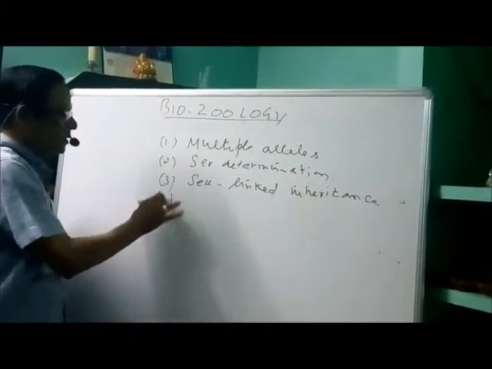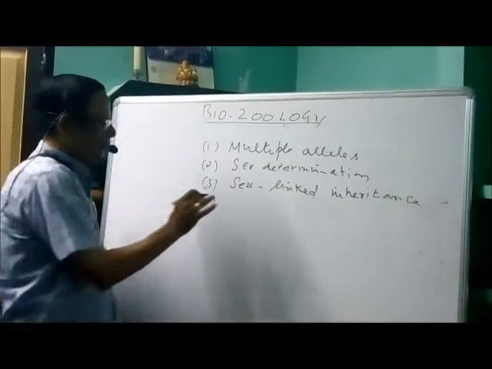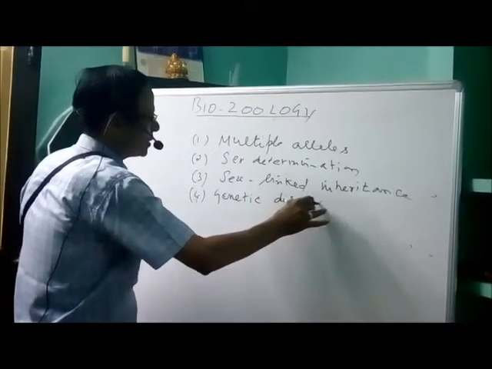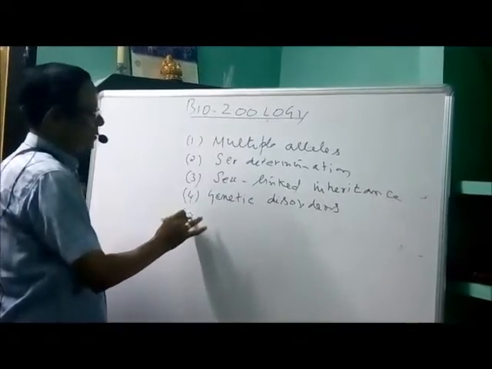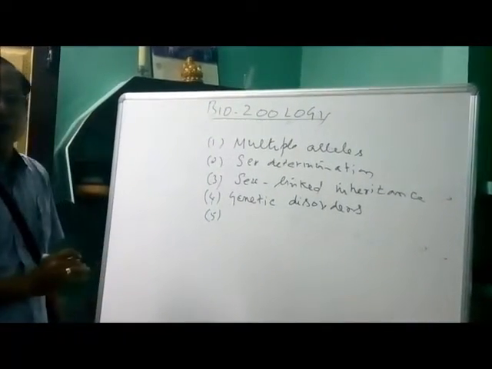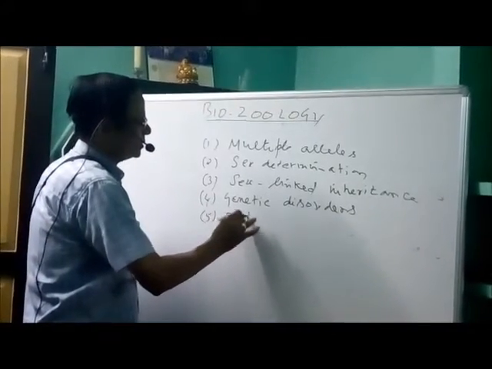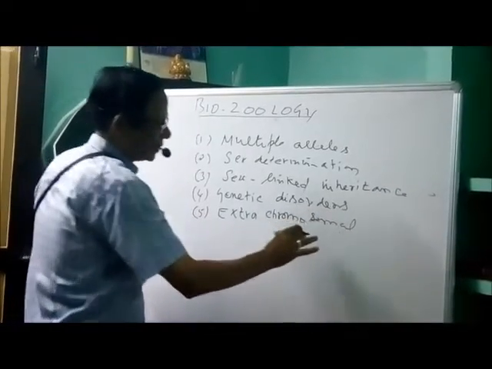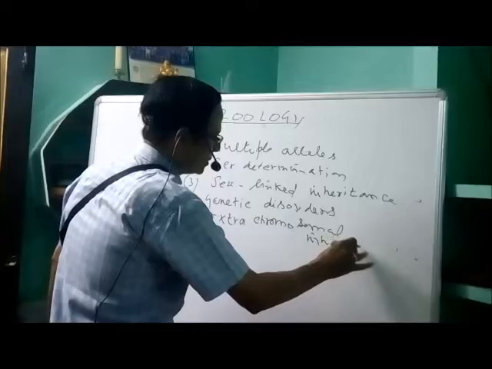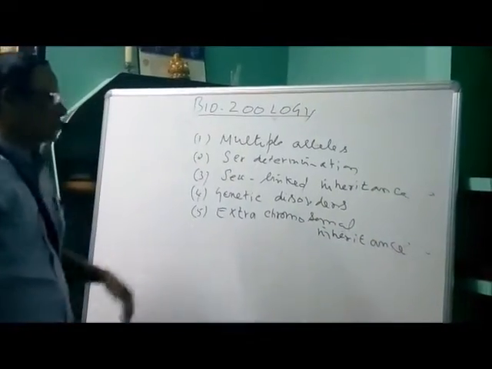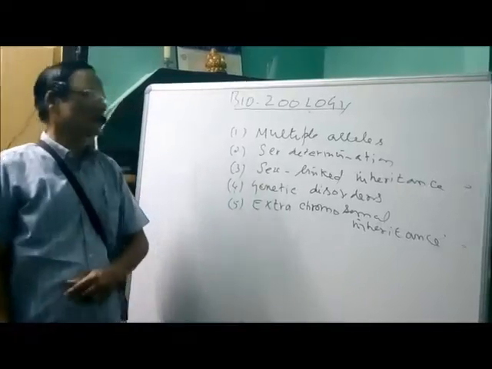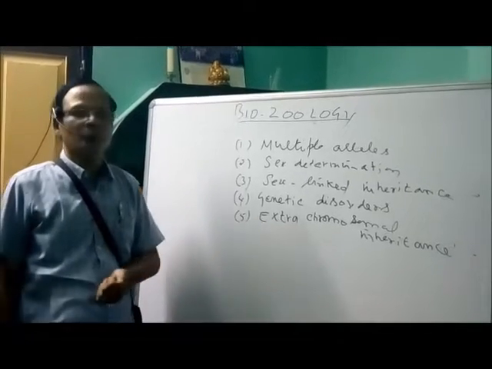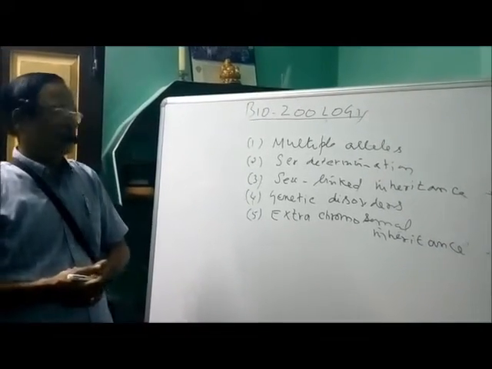Number four, some disorders related to genetics, that is, genetic disorders. And number five, extra chromosomal inheritance. Generally, these are the major topics we have to cover: multiple alleles, sex determination, sex-linked inheritance, genetic disorders, and extra chromosomal inheritance.